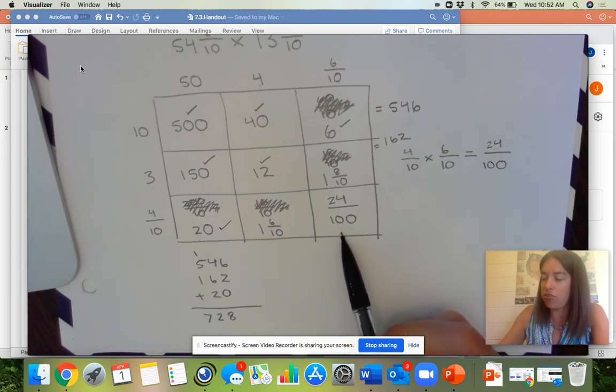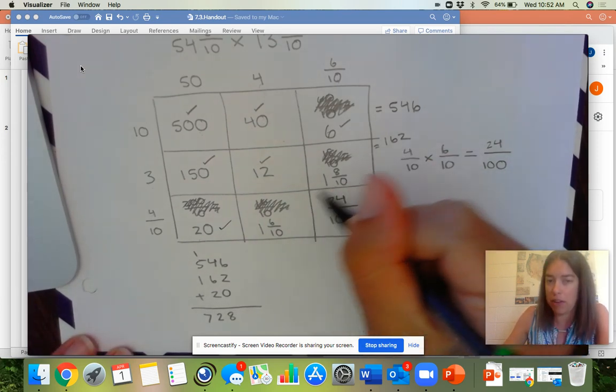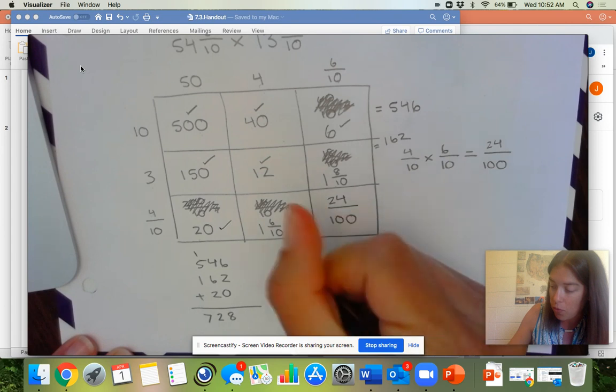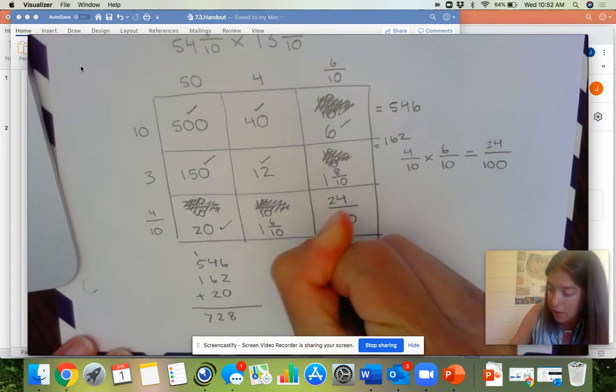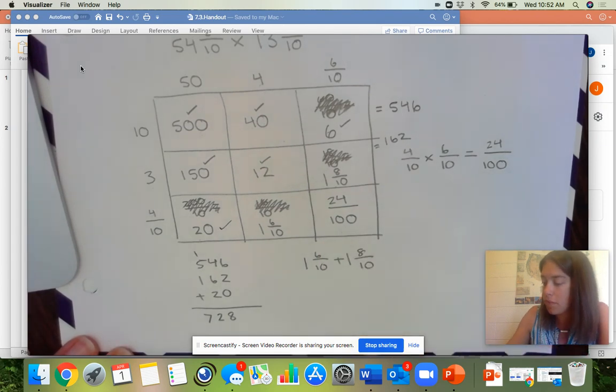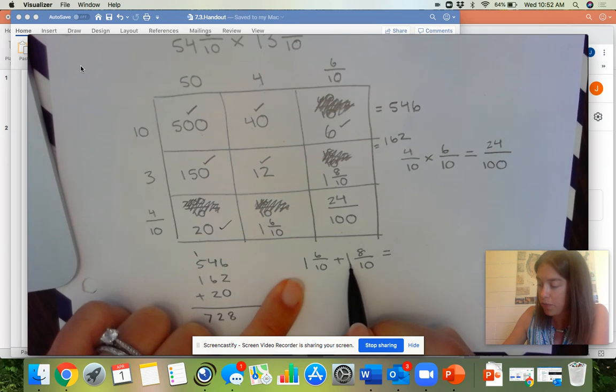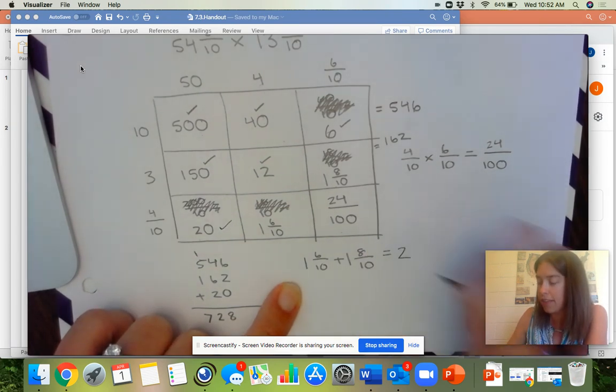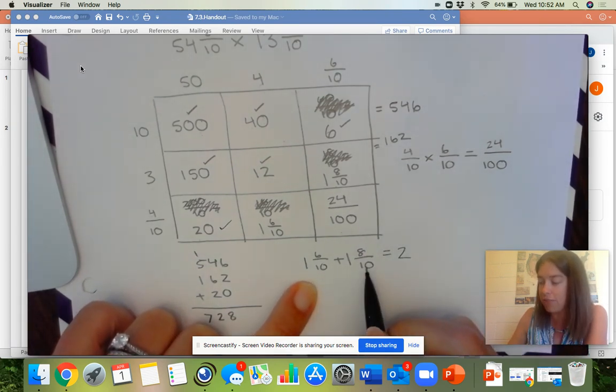Let's start with the two fractions that have the same denominator. So I'm going to add 1 and 6 tenths plus 1 and 8 tenths. I'm going to add my whole numbers first. 1 plus 1 is 2. 6 tenths plus 8 tenths is 14 tenths.